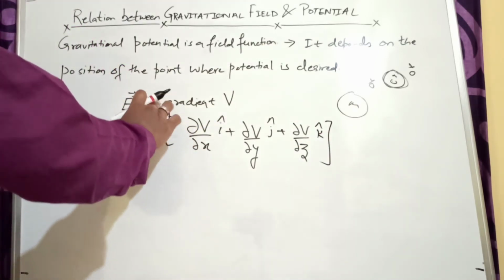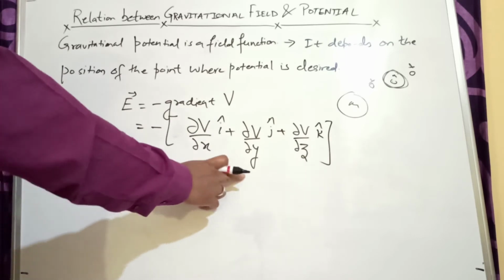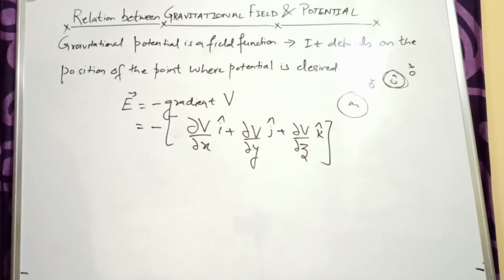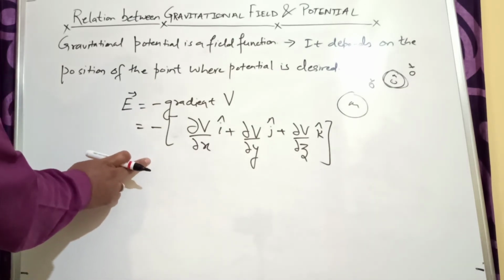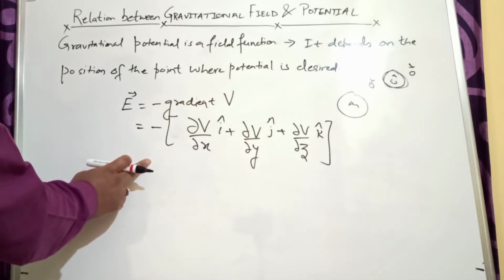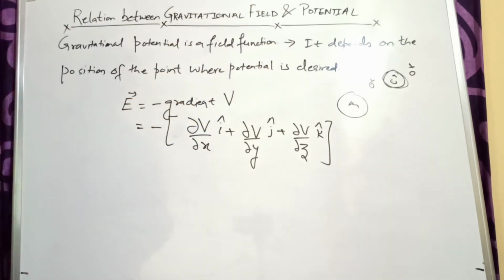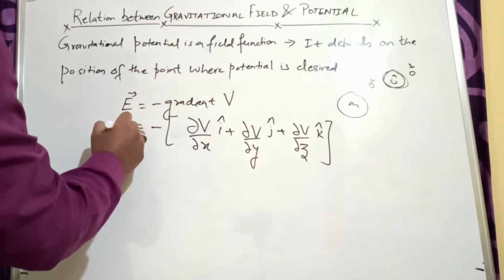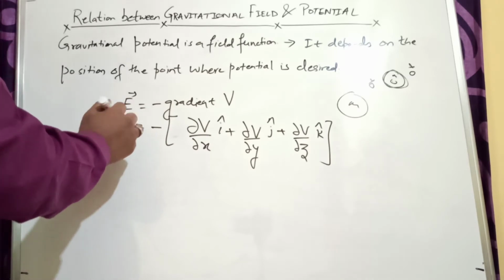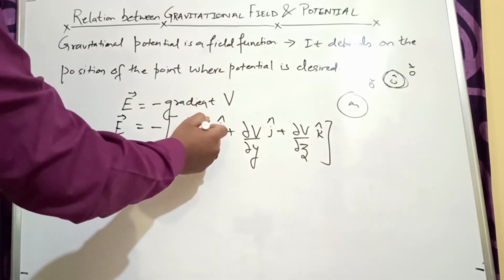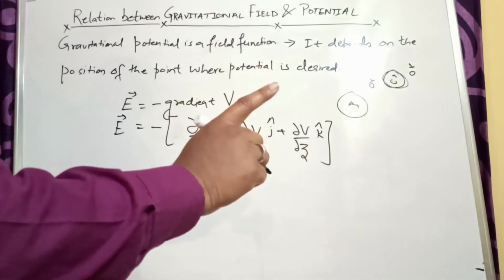Okay, so minus gradient V means this thing. Clear? So this is the relation between your gravitational field and gravitational potential, where E is your gravitational field and V is your gravitational potential.